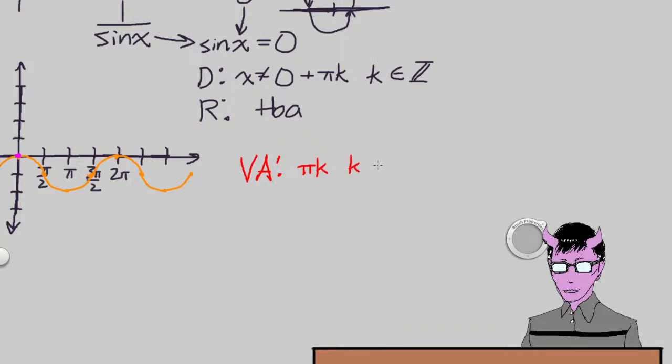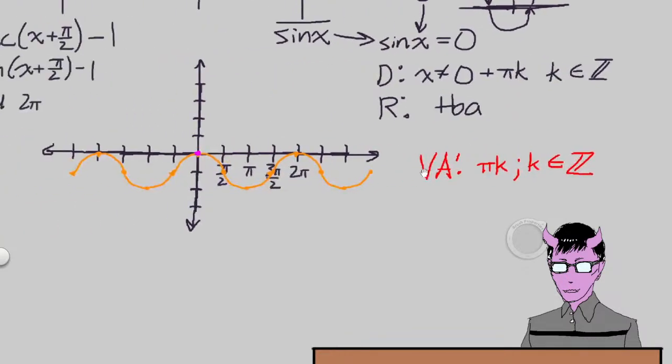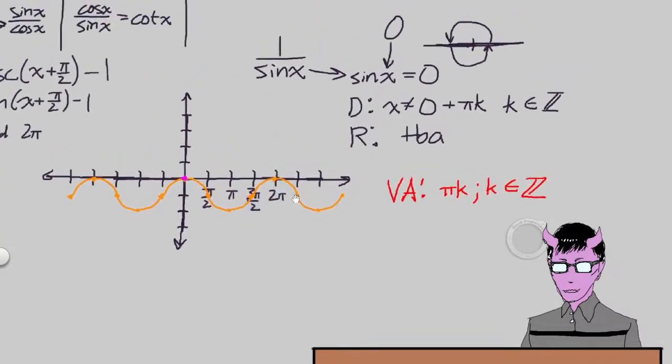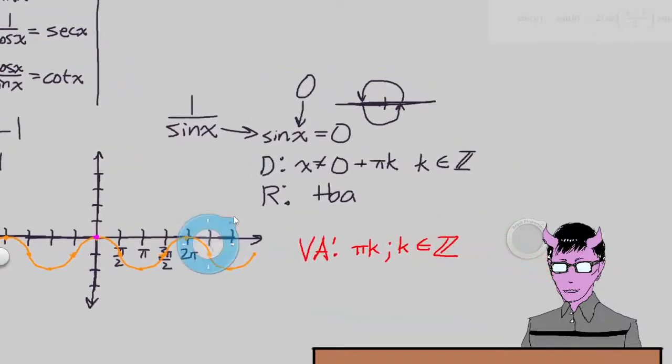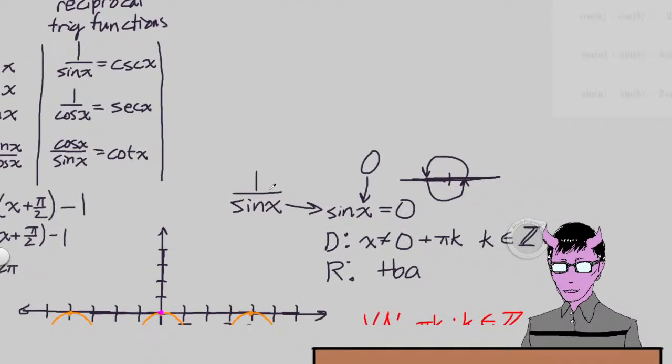Again, where k is some sort of integer. So for every pi that we come across, that's going to result in a failure if we have an unshifted sine of x on the bottom, which is the unshifted cosecant.